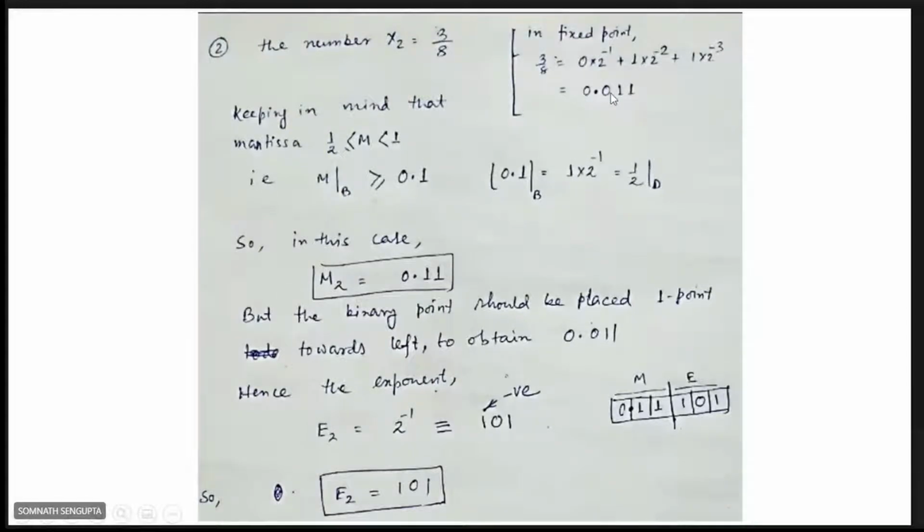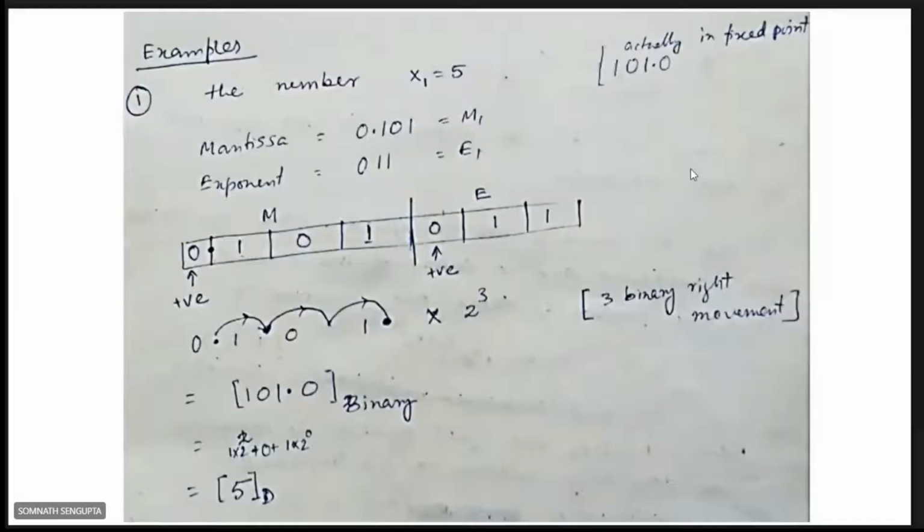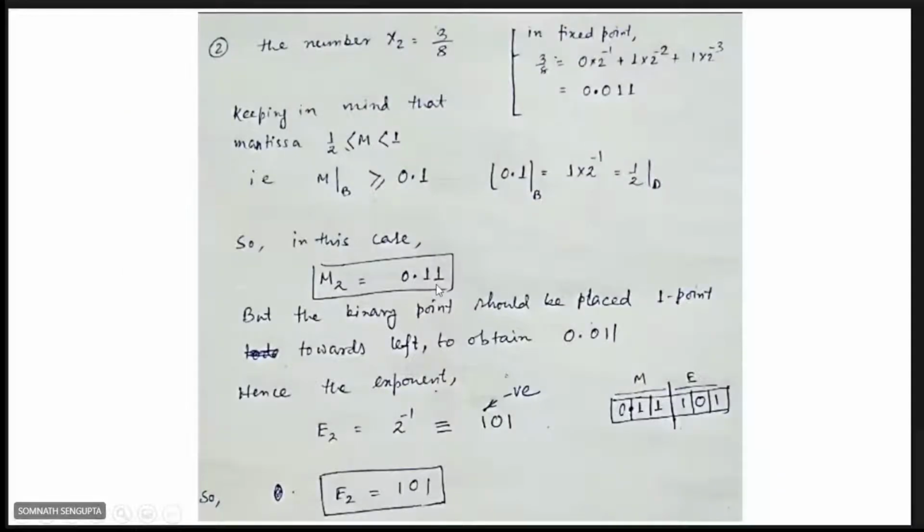A left shift is a negative shift, so that means it is 2 to the power minus 1. If it is a right shift, then it would be 2 to the power plus something, like in the earlier case 2 to the power 3, which moves the binary point right by 3 digits. Here the binary point moves left by 1 digit, so the exponent should be minus 1.